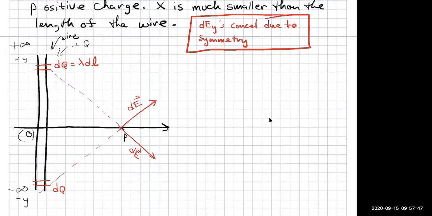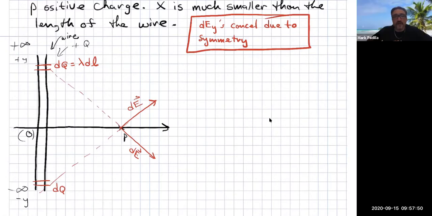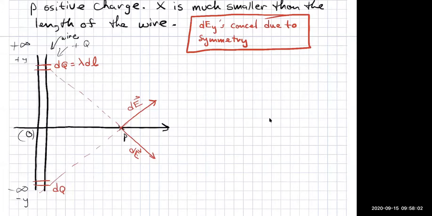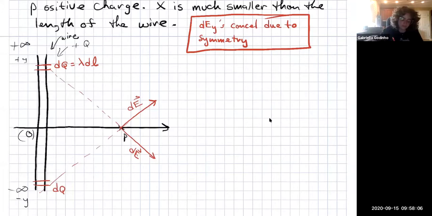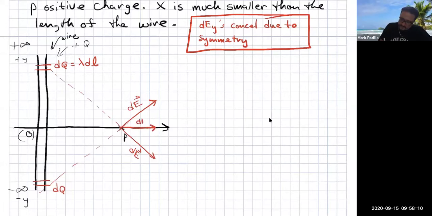And this will change because I will have problems given to you where the bottom half is going to be shorter than the top half, and I'll give you lengths, which means would the dEy's cancel then? No, they would not. So in this problem, dEx, dEy.